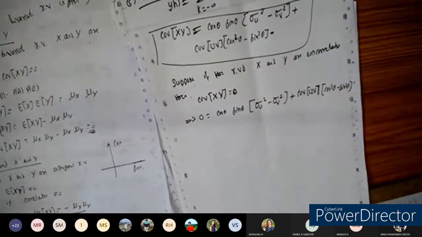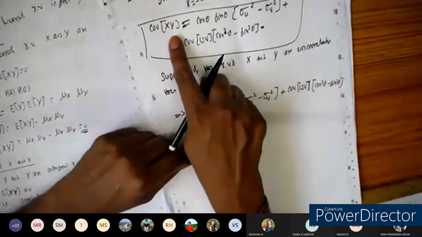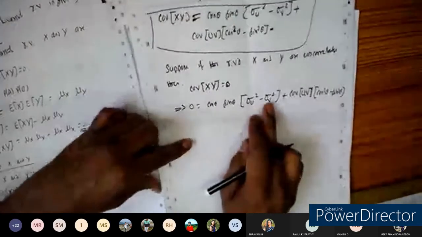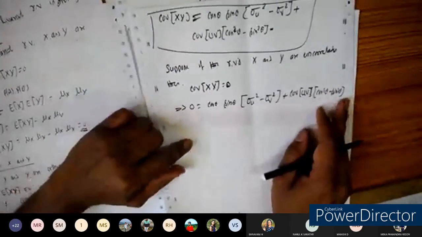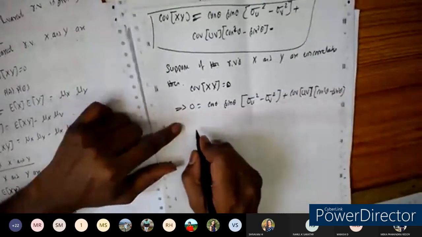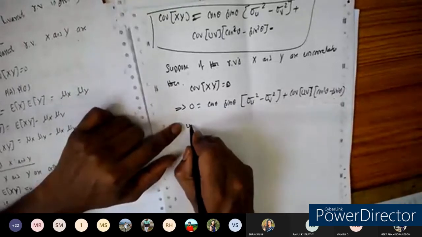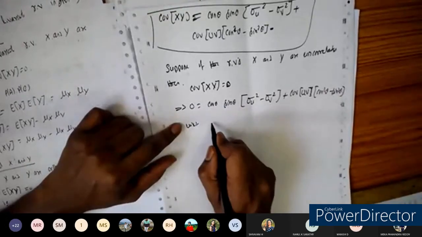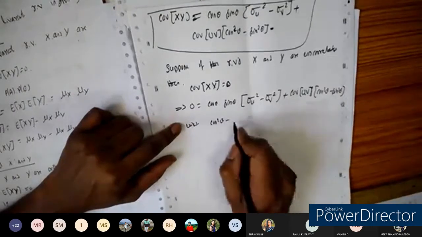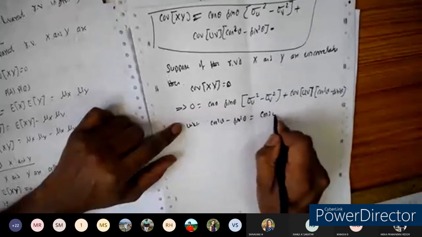We equated the covariance to 0. Now, cos square theta minus sin square theta, from the trigonometric formulas, is cos 2 theta.